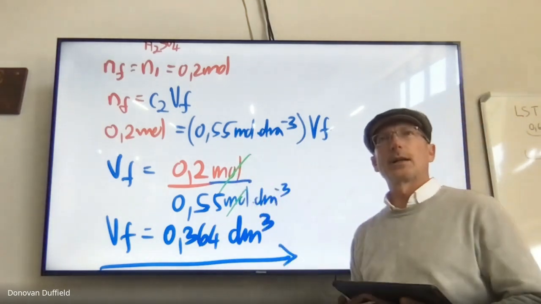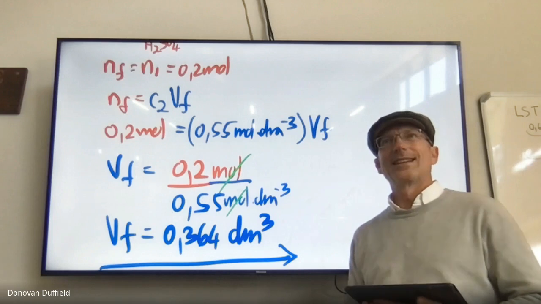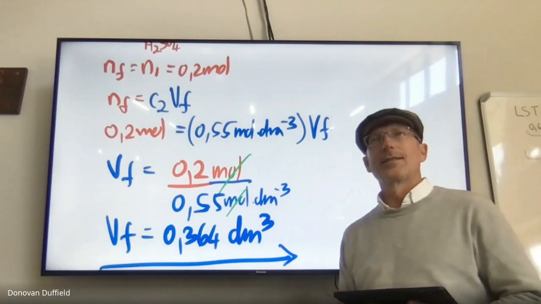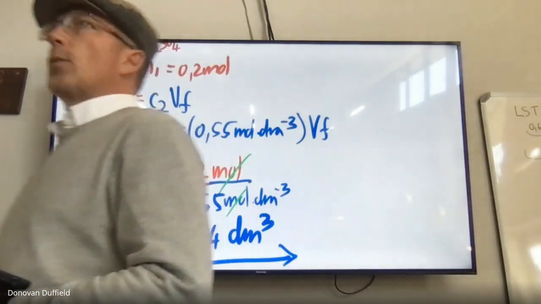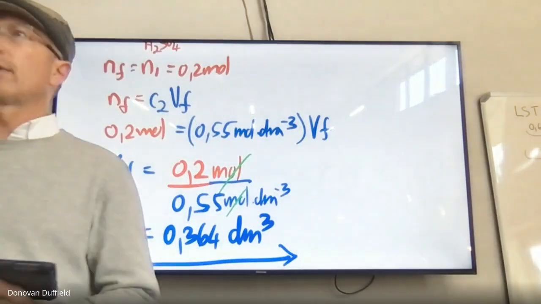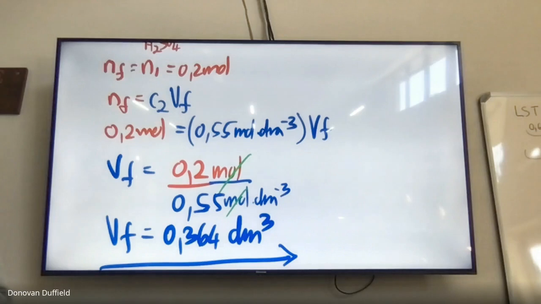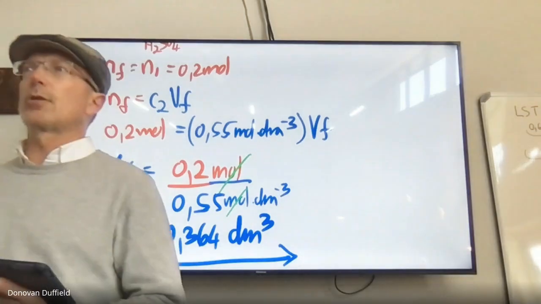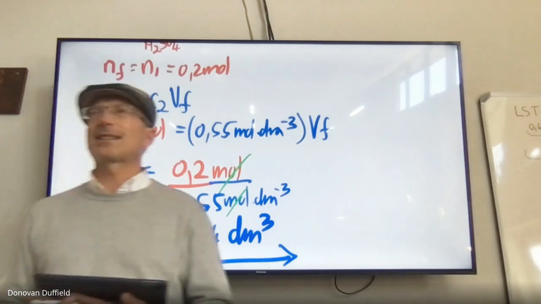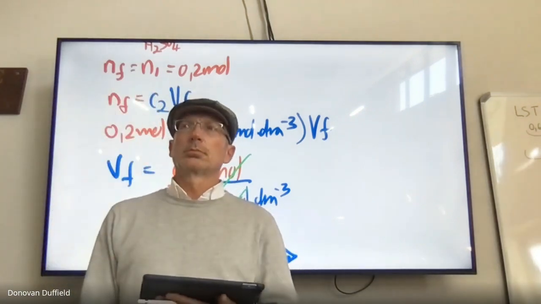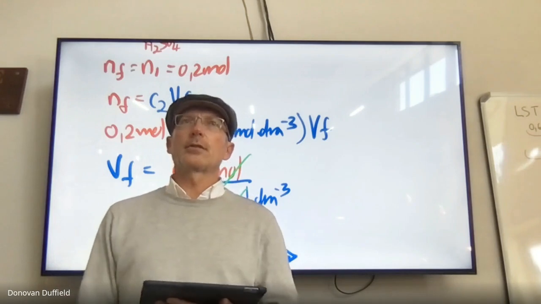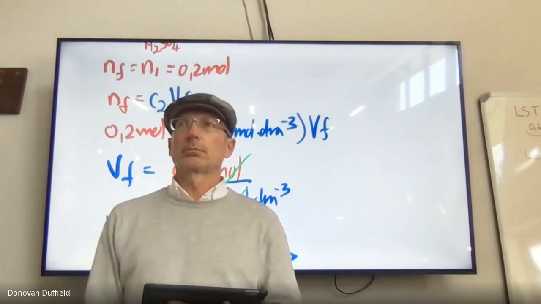Yes, Isabella. So you said this is the first method you're showing us. Will you ask us to work it out with a specific method? We don't normally ask you to work out a specific method. The only way we can force you to use a specific method is if we start adding sub-questions and scaffold it. So we say, for instance, how many moles of sulfuric acid is in the original solution?